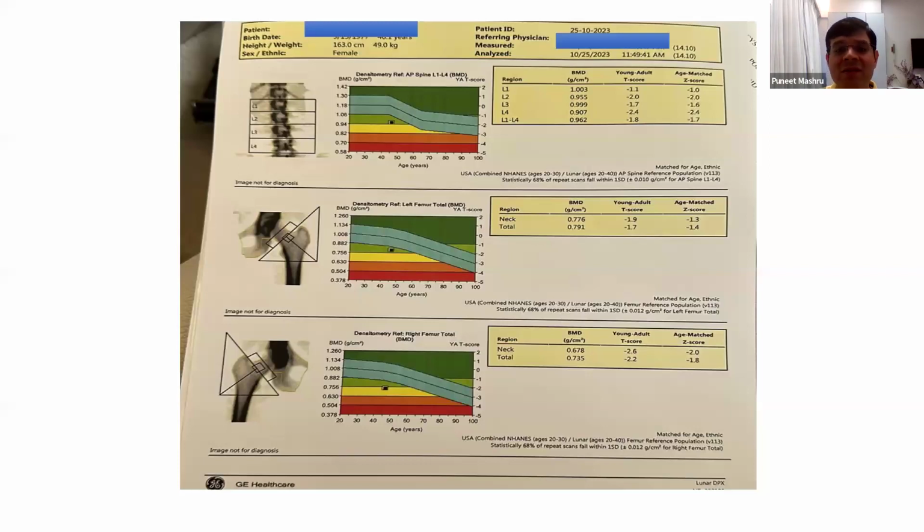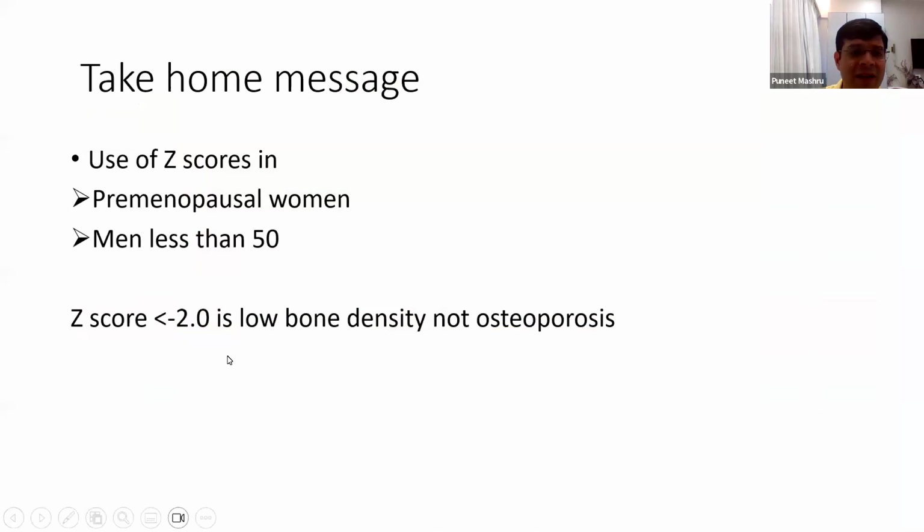You can see the Z score is -2, and only if the Z score is less than -2 is it low bone density, and not osteoporosis. So we should use Z scores in premenopausal women and men less than 50, which is very, very important. This patient has normal bone density and just needed counseling that the bones are normal, and we sent her back.